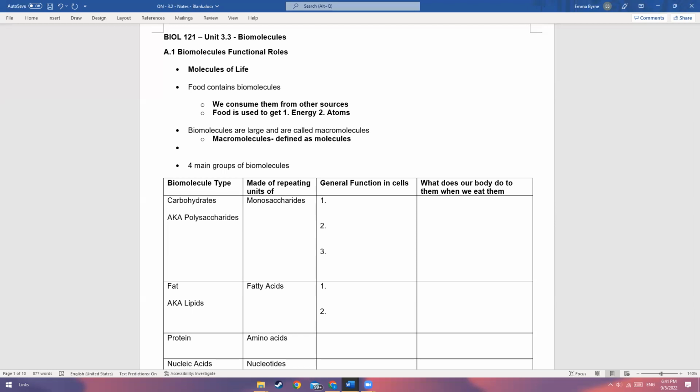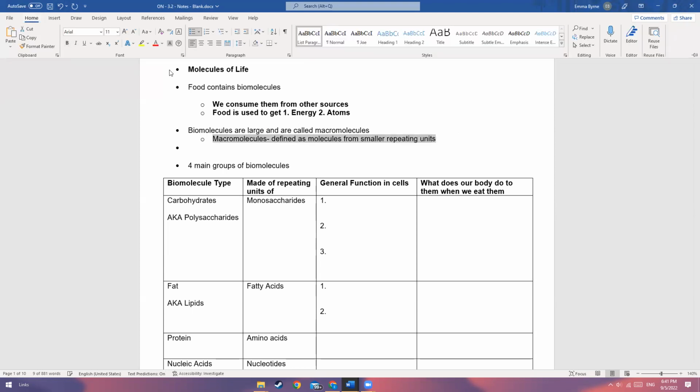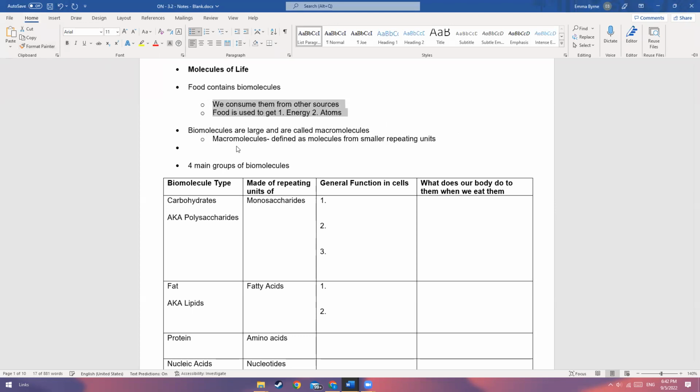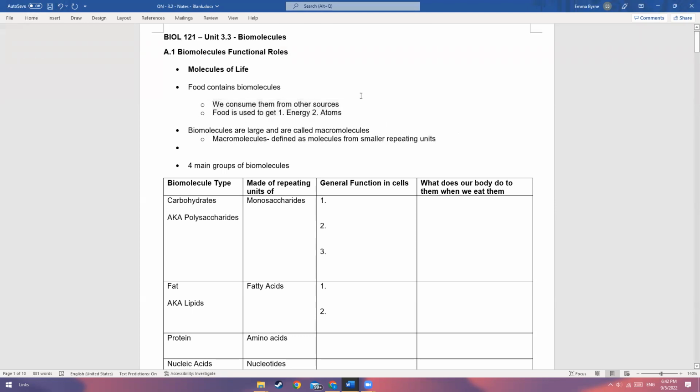Macromolecules are defined as molecules that are built from smaller repeating units. Everything is bold today. So I'd like to elaborate on this a little bit. It's built from smaller repeating units. In a way, this is analogous to, say, a Lego structure.